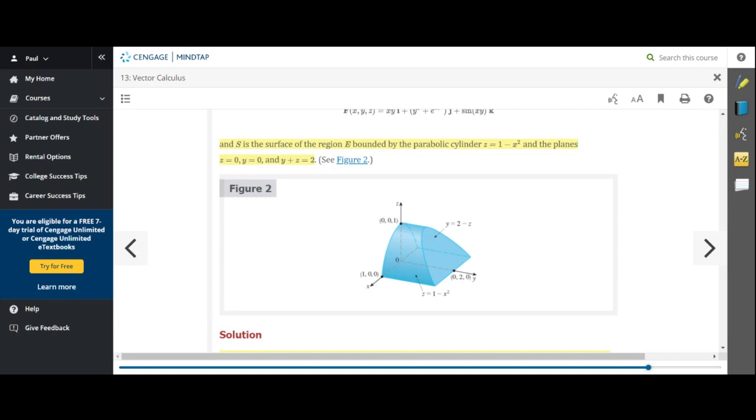Could we do dy dz dx? Here's what I'm asking.